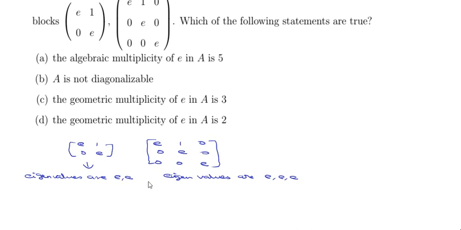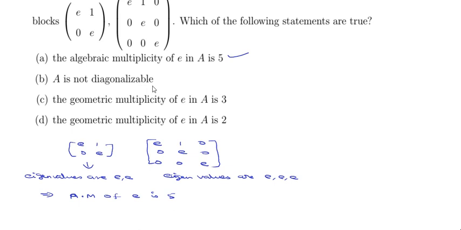Here only one eigenvalue E occurs, with multiplicity 5. Here it is 2 times and here it is 3 times. So the algebraic multiplicity of E is 5. Therefore the first option is correct.